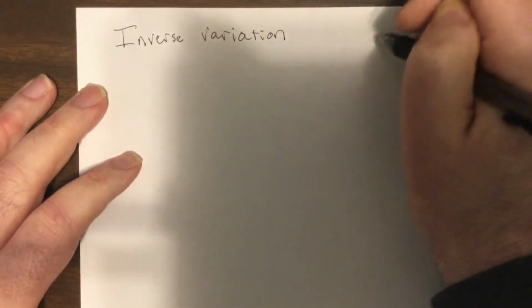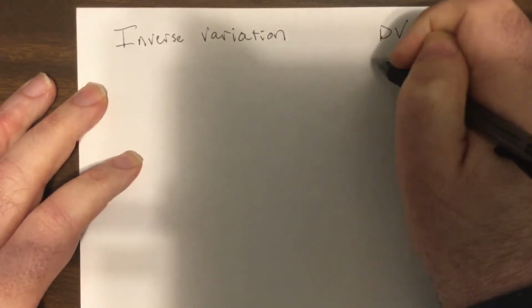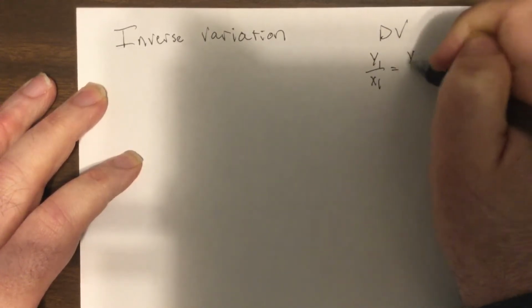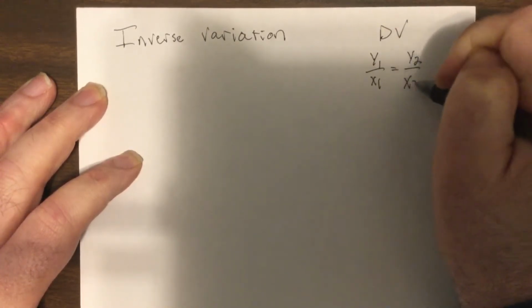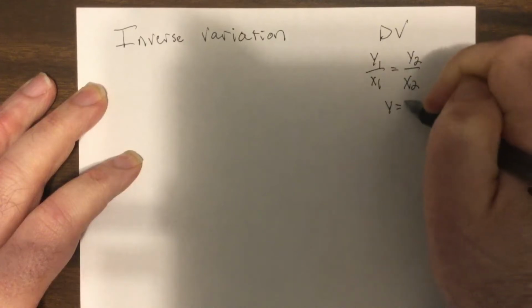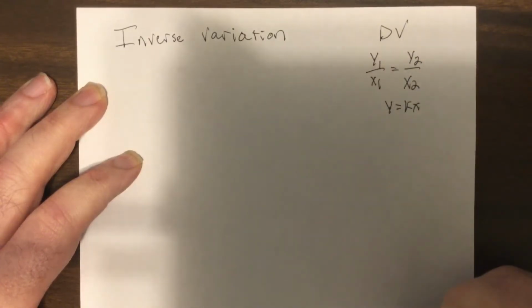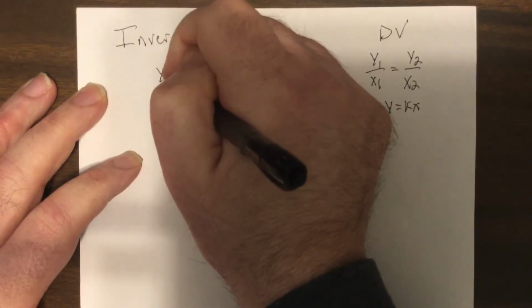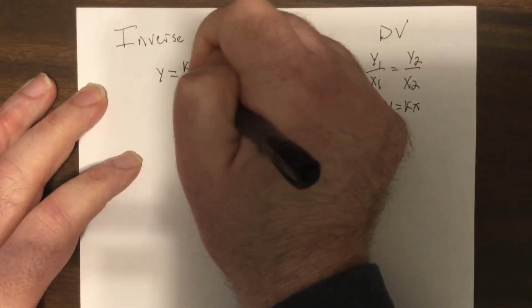So if I was talking about direct variation, the formula is y1 over x1 equals y2 over x2, or y equals kx. Inverse variation is y equals k over x.